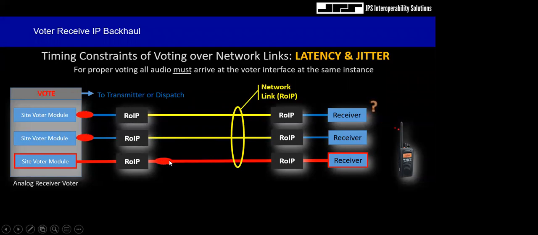And as you know, we can always fix that by applying buffering to the earlier arriving audio, thus virtually realigning the audio. And I'm now treating all my receiver links equally, right? I'm not sending dead air into a site voter module, which equates to a high quality, and misvoting that site. So I can apply receive audio delay, and now I'm voting properly.